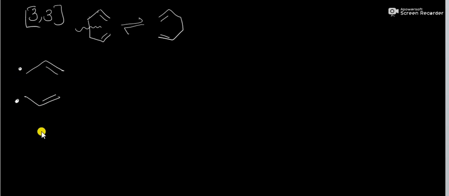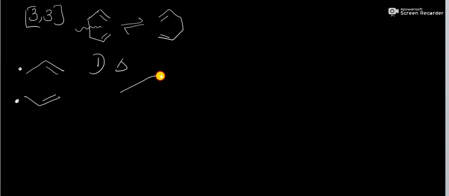So first condition is thermal, following suprafacial migration. That is, two allyl radicals react together to form the reactant for a 3,3 sigmatropic rearrangement reaction.